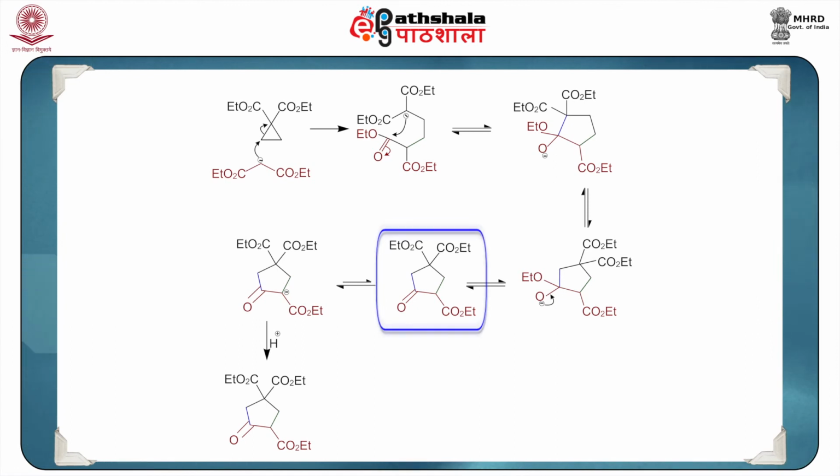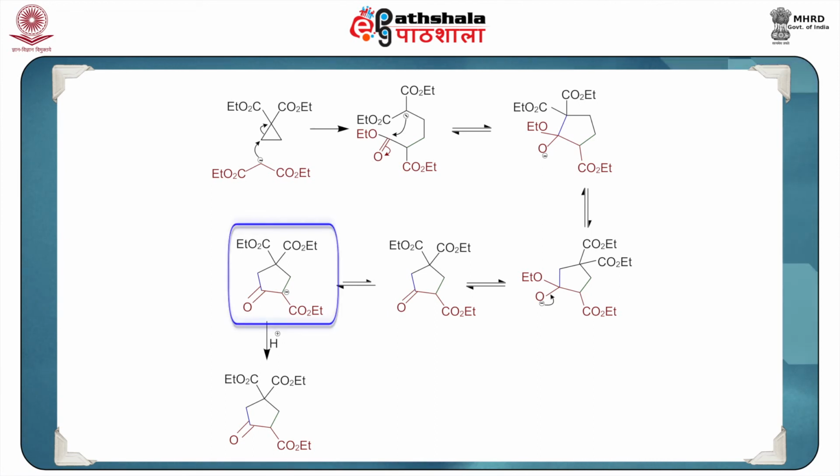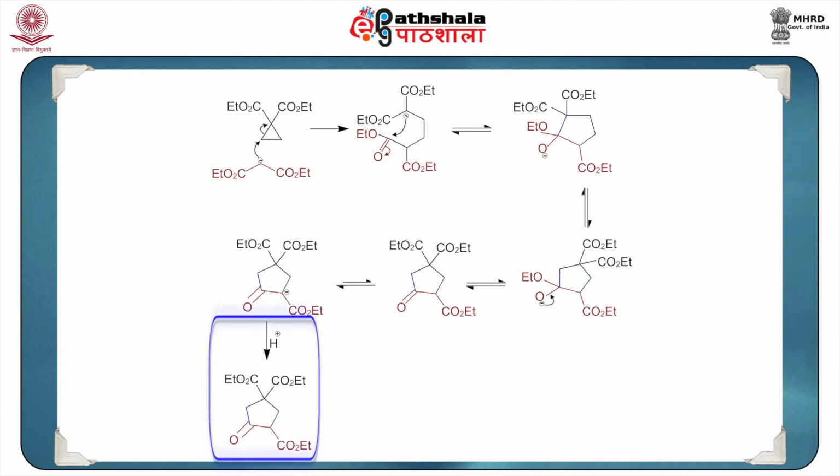Furthermore, in the presence of basic medium another carbanion is generated, because this CH2 is in between two electron withdrawing groups, this CO and COOEt, and when you work up with proton it will give you this product. So you can see that this O minus makes the ethoxide ion go out as a good leaving group, and as a result you have this keto group arising here.